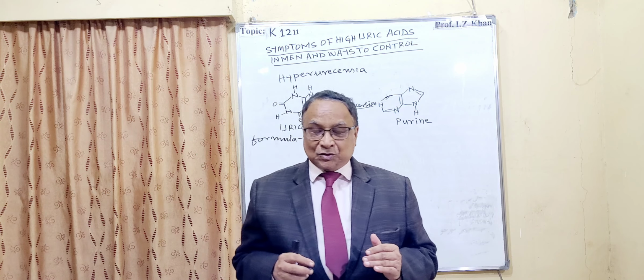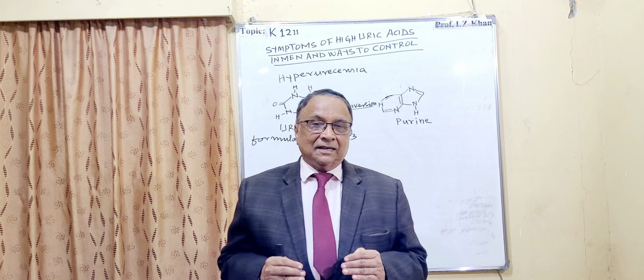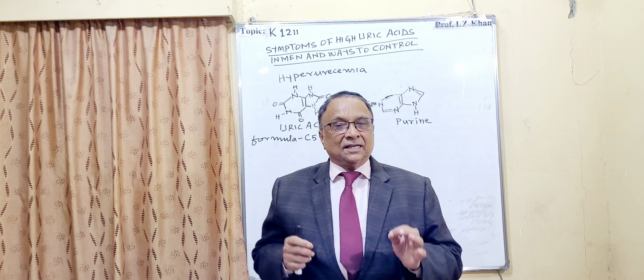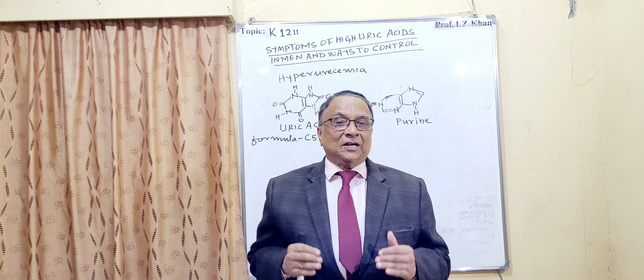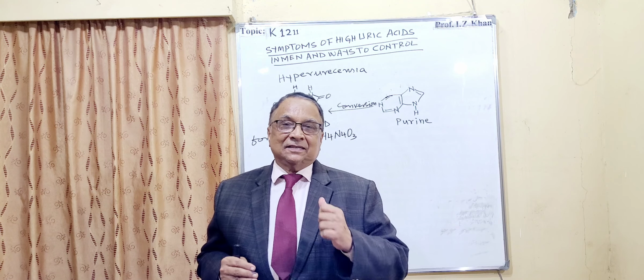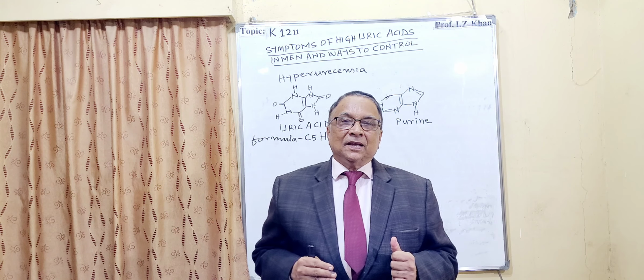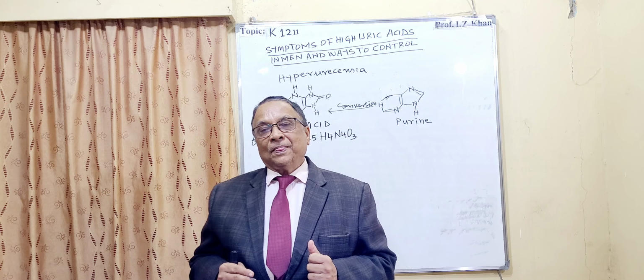That is the serious issue. So if that condition is there, first you drastically reduce such type of food and beverages which are responsible for increasing the percentage or volume of uric acid in your tissue and blood.